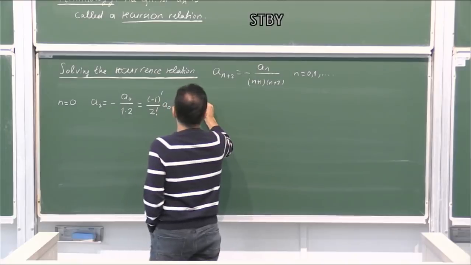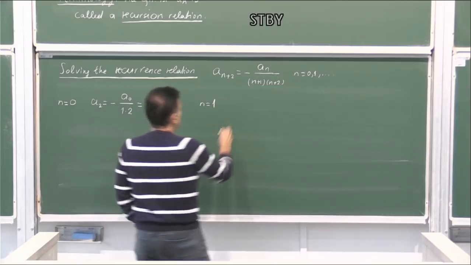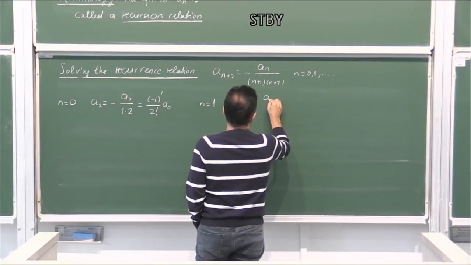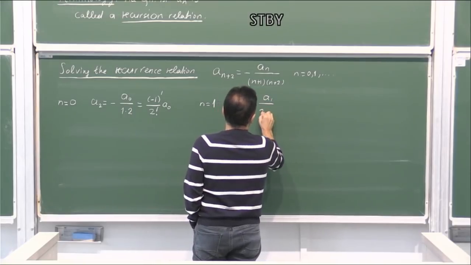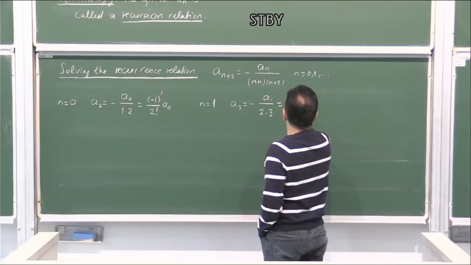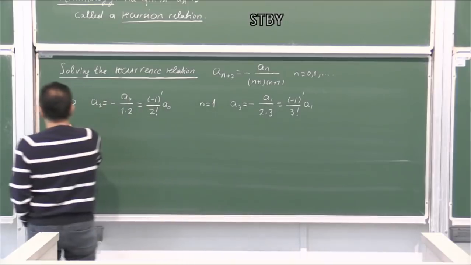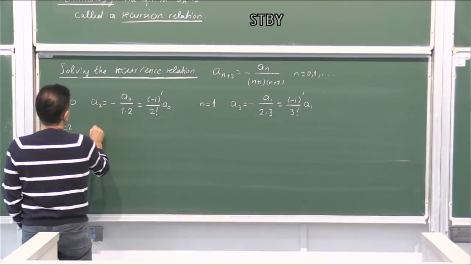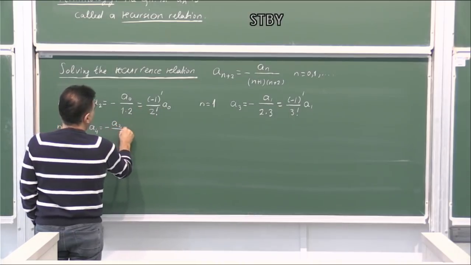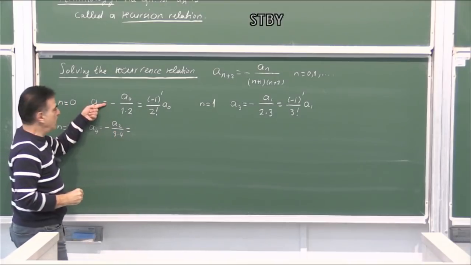Good. Let's solve the recursion relation for n equal to 1 to get a3 equal to minus a1 over 2 times 3, which is again in that form, minus 1 over 3 factorial a1. Now for n equal to 2, a4 is written as minus a2 over 3 times 4. But a2 has been determined from the previous step.